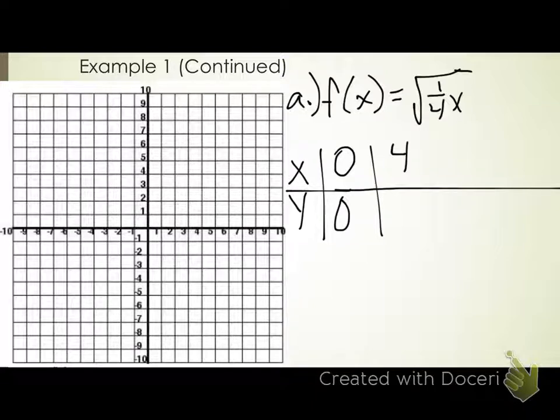Square root of 1? 1. Everyone good with that? What's the next multiple of 4? 8. What's 1/4 times 8? 2. Now I've got to take the square root of 2. Handy dandy calculator. I get 1.41.